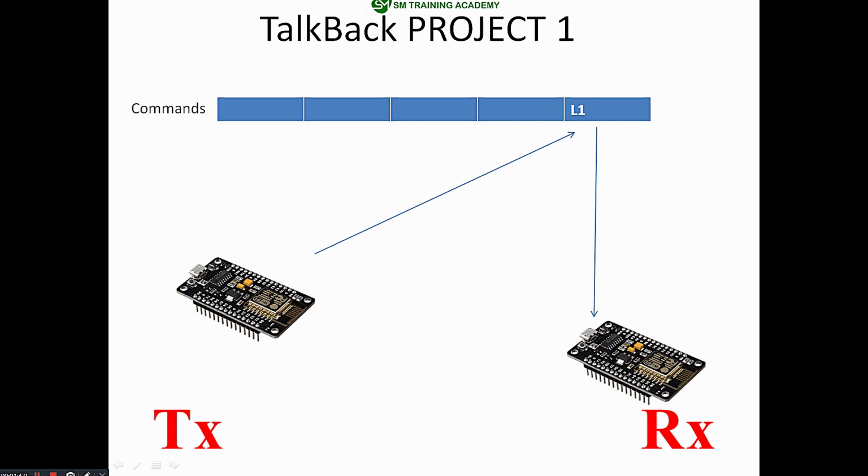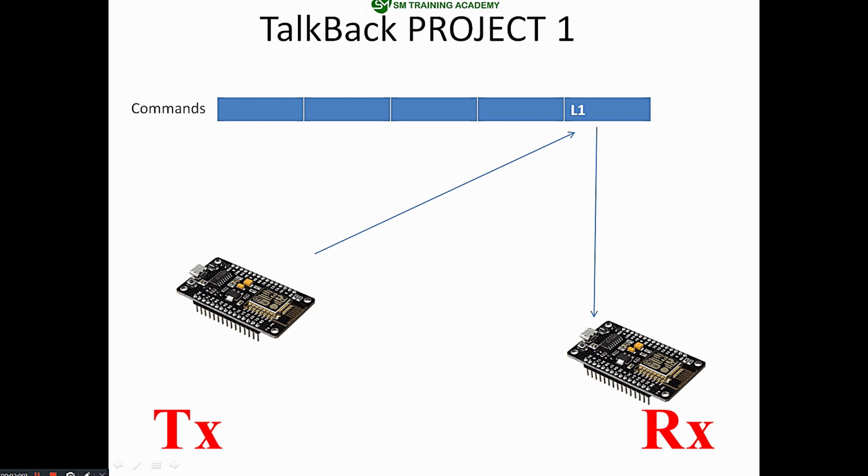Because we are using a transmitter IoT device and a receiver IoT device, this IoT transmitter will be useful for updating the command available over here in the TalkBack queue, and this IoT receiver will be useful for reading the command available in this TalkBack queue.